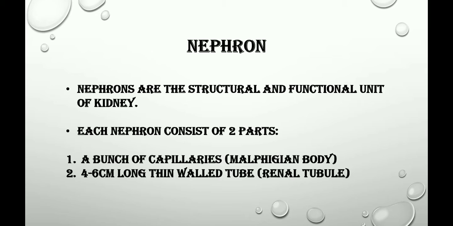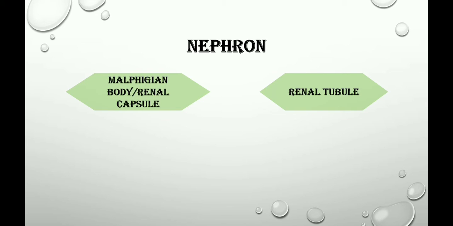Now let us study the details of nephron. Nephrons are divided into two parts. One is Malpighian body or a renal corpuscle, and second one is a renal tubule.